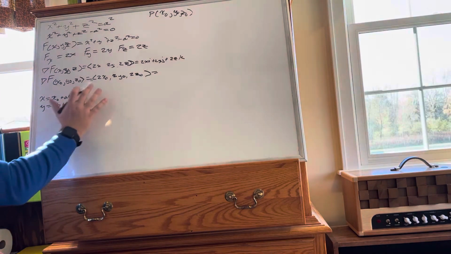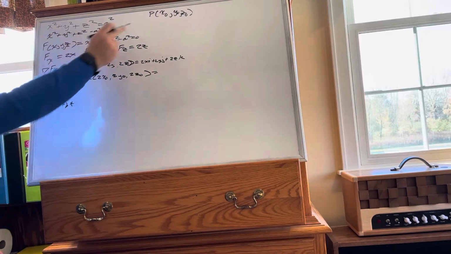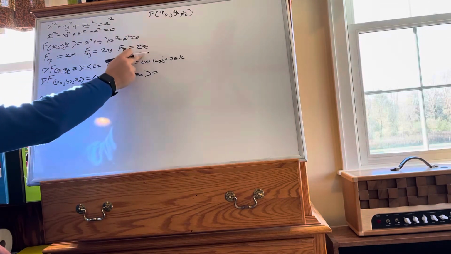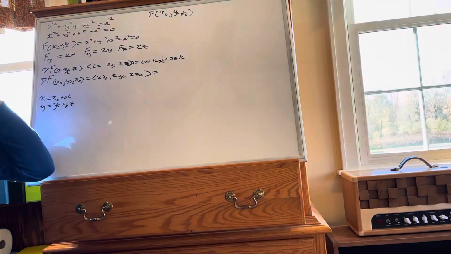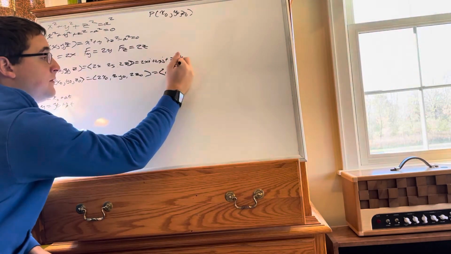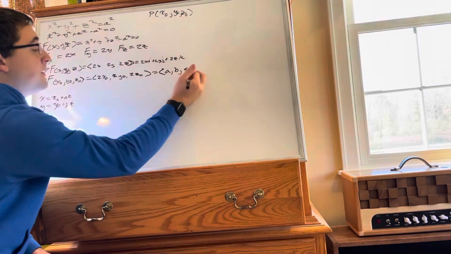We solve for each component of our gradient. So we plug in our point for x here, y here, z here, and what we find is that our function gives us a, b, and c.